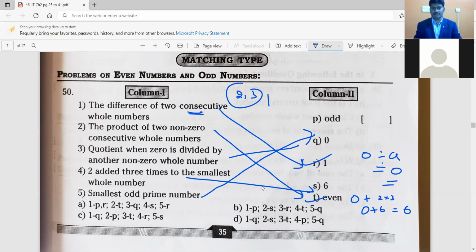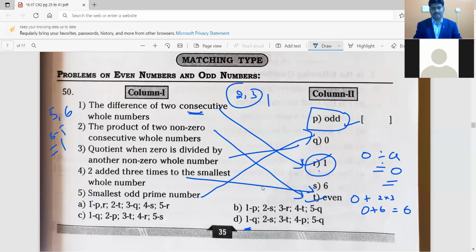The difference of two consecutive whole numbers. Let us take 5 and 6. 6 minus 5 is equal to 1. First one is 1. But here options are given differently. They give P like. Because 1 is also an odd number, we can consider P also. Right? P also is correct because 1 is an odd number.